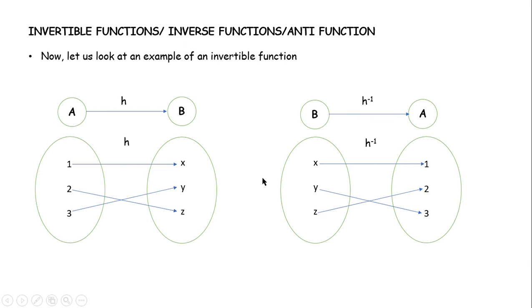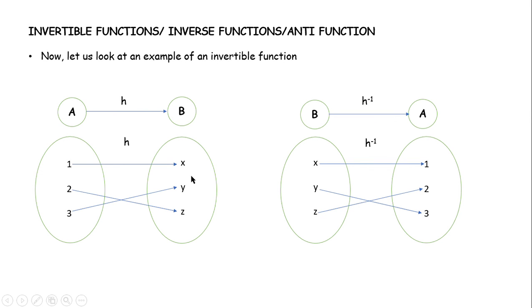So here 1 was assigned x, so we reverse that, and x is assigned 1. Then y was assigned to 3, we reverse that, 3 is assigned to y. Here 2 was assigned z, we reverse that, so z is assigned 2.